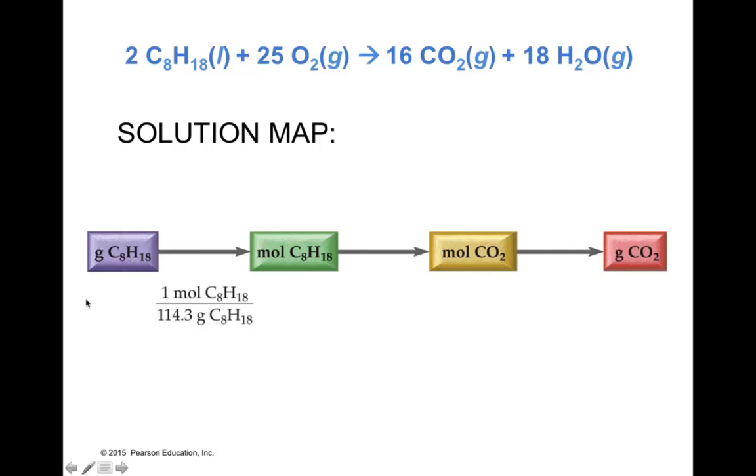So by using the molar mass of octane, we have the moles of octane, and we can convert to the moles of carbon dioxide by looking at the ratio between octane and carbon dioxide. That is 16 moles of carbon dioxide will be produced by 2 moles of octane. And once we have the moles of carbon dioxide, we can turn that to the mass of carbon dioxide by using the molar mass of carbon dioxide.